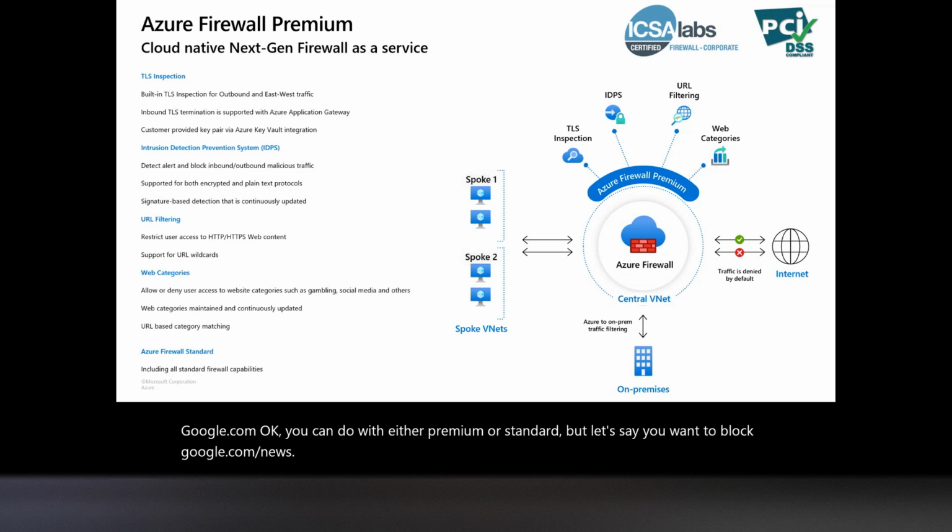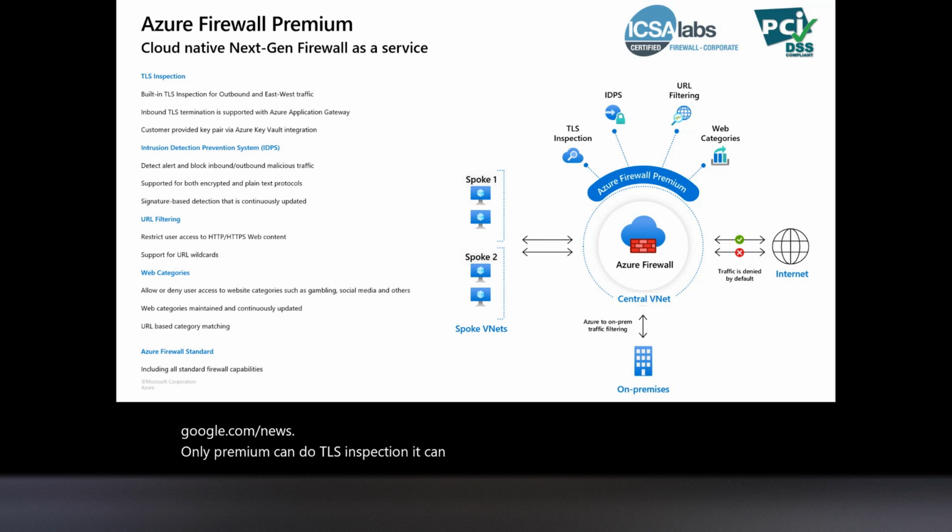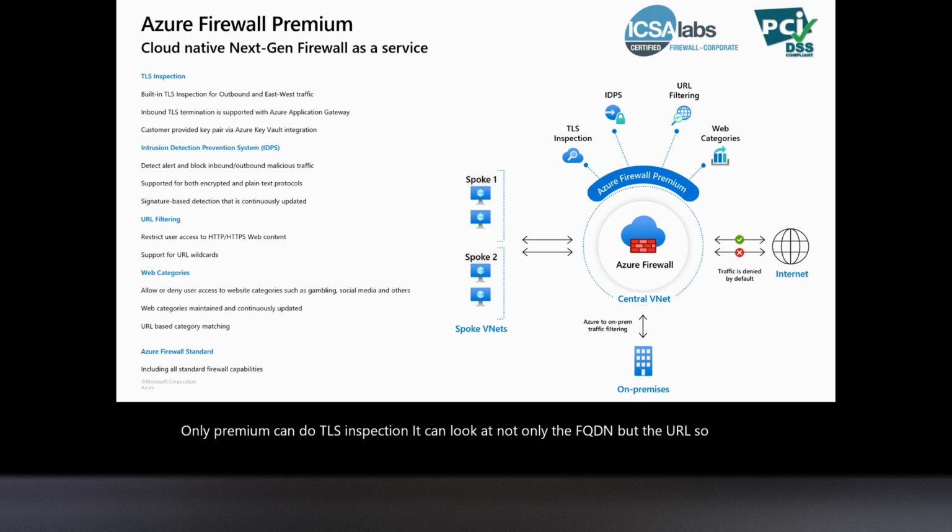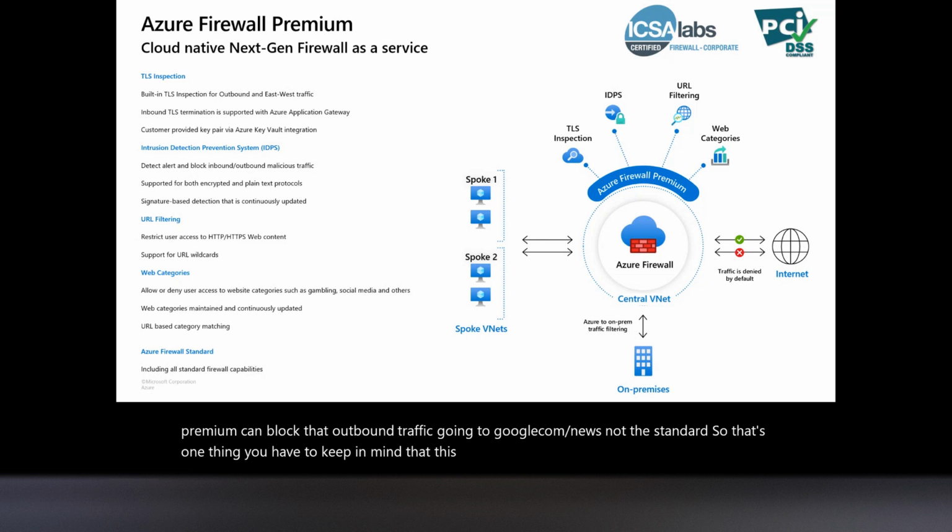Since only Premium can do TLS inspection, it can look at not only the FQDN, but the URL. So only Premium can block that outbound traffic going to google.com/news, not Standard.